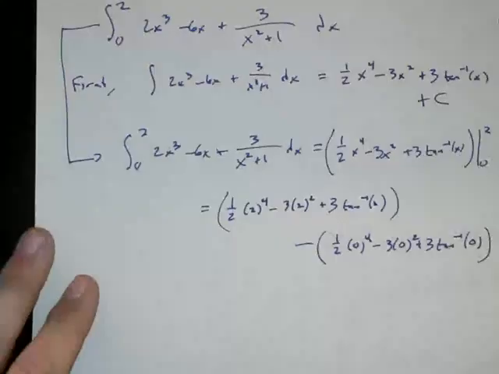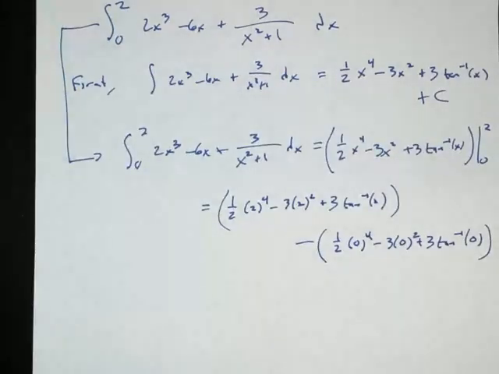And tangent inverse of 2 is not one of my reference angles, because when I think about the angles in the first quadrant, I have 0, 90, 30, 45, and 60 degrees. Their tangents are 0, undefined, 1 over the square root of 3, 1, and the square root of 3. 2 is not in there.